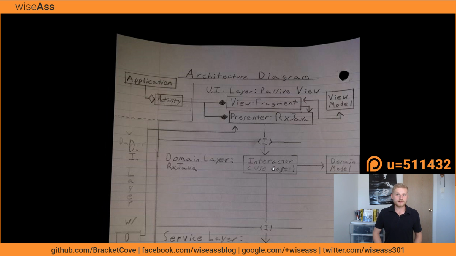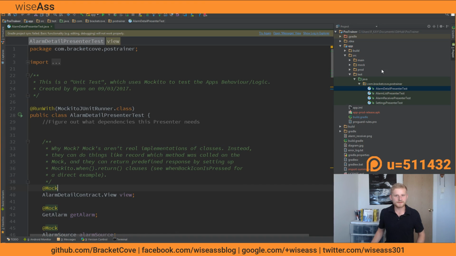So when you build object-oriented systems, which are basically all the systems you will be building if you're an Android developer, there is a resurgence of sort of, some people call it functional, some people call it reactive, but we won't go there. But basically, this is the architecture diagram. This is the architecture of my POS Trainer repository.